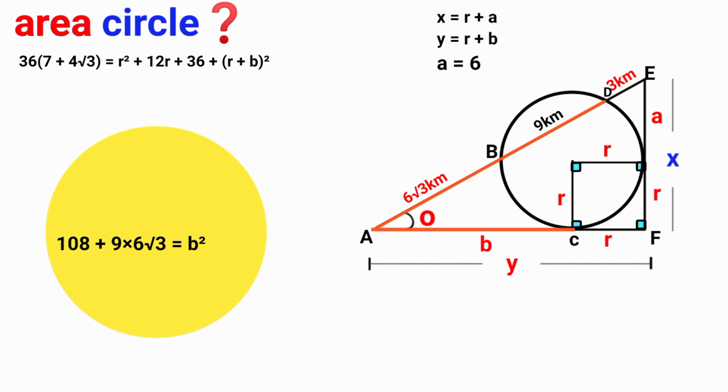And 9 times 6 root 3 is 54 root 3. So 108 plus 54 root 3 equals b squared.